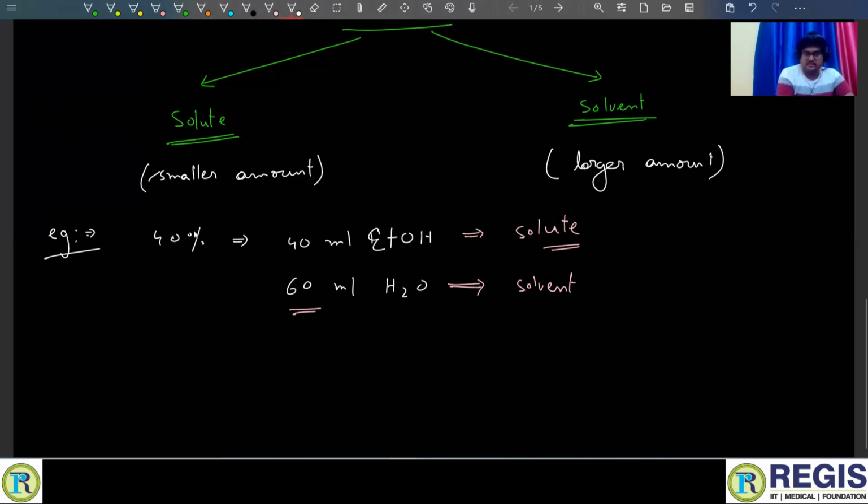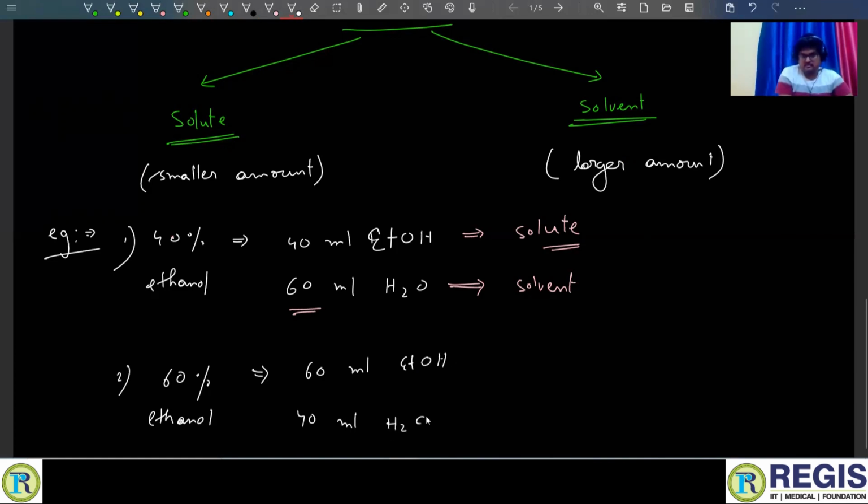Now, second example, 60% ethanol. In this case, can I write 60 ml of EtOH plus 40 ml of water? Now, this amount is the lesser amount. That's why this one acts as a solute and this one acts as a solvent. Is it clear? Any doubt? Do you have any doubt?